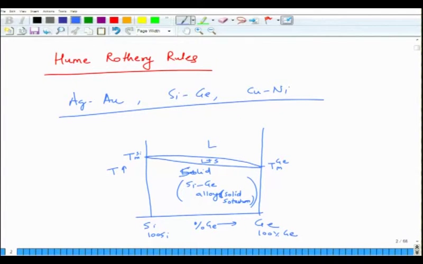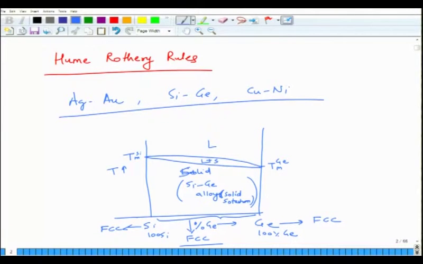At 0% germanium it has an FCC structure, at 100% germanium it is also FCC, and the intermediate compositions also have an FCC structure all throughout. It is happening within the same structure, the same lattice. It is just that some of the silicons are being replaced by germanium.